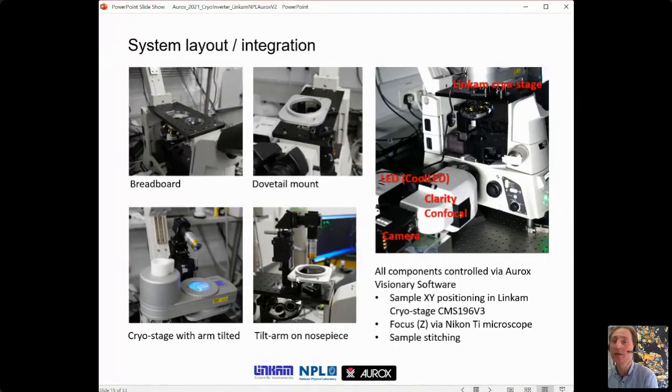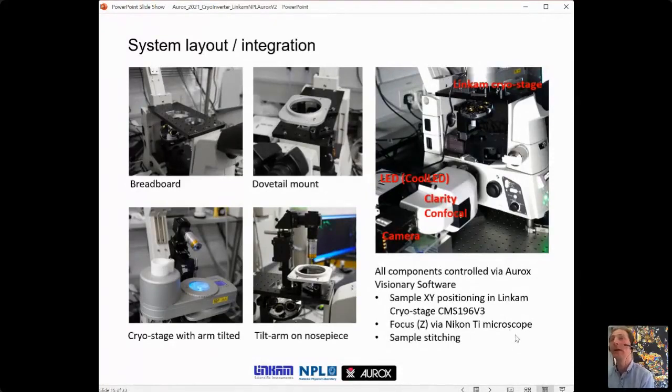Here without the stage, you can see the tilt arm and also the part that attaches to the nose piece. And on the right, you see the full overview: of course the Aurox Clarity confocal attachment, the LED illumination part, camera, and the rest of the system.